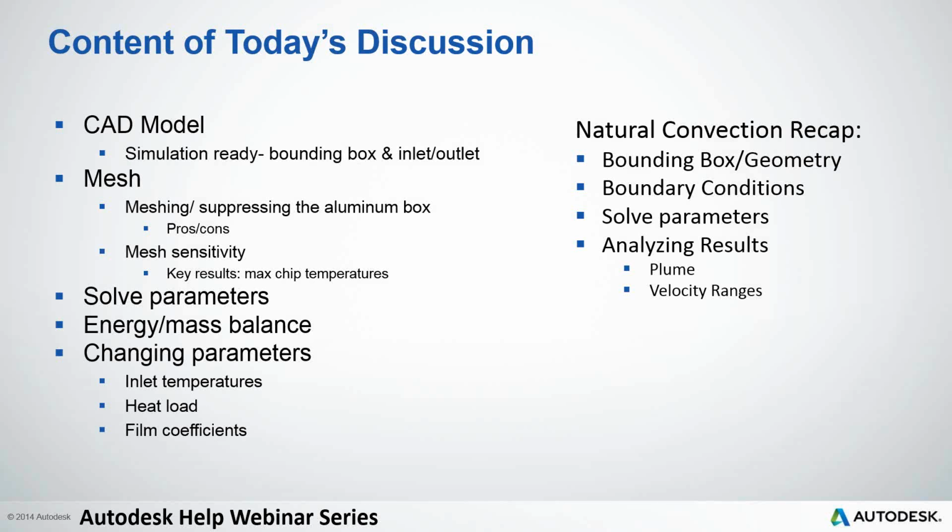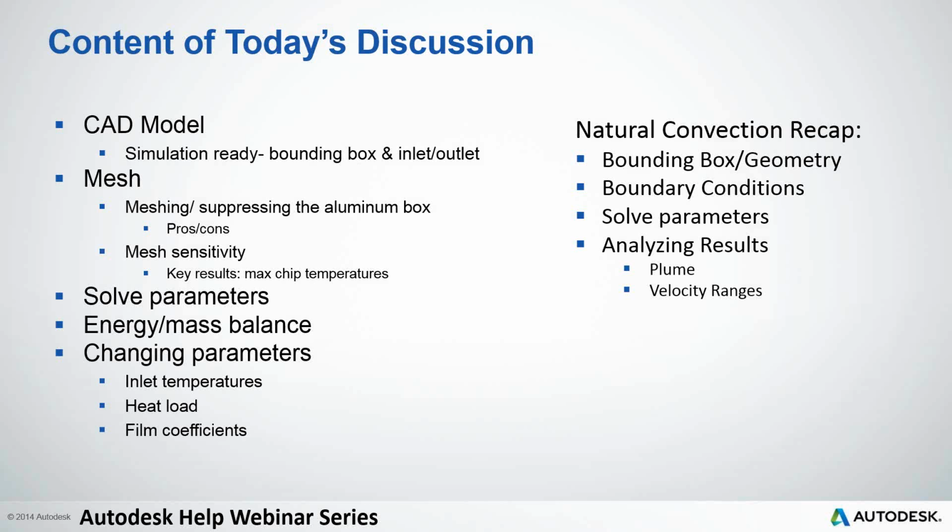There's a bunch of different options and pros and cons there. And we talk about how to set up the solve dialog box, what's important to get right and what is not so important. Touch on energy and mass balance because it was actually a struggle for me for a while. And I know a lot of people get confused there, and it's a pretty easy subject to touch on. And then we did a parametric study.